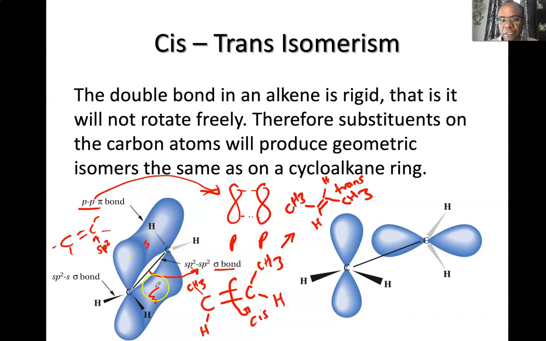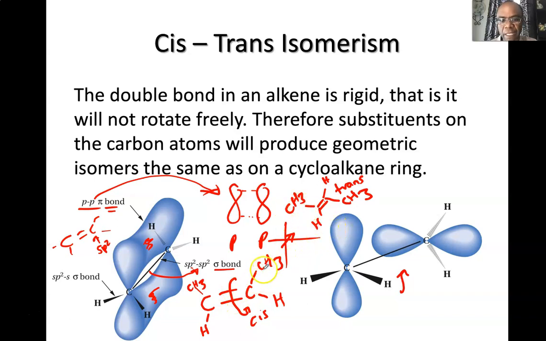See how these are overlapping. If you try to do the rotation, you're going to break these overlaps, and by so doing you're breaking the pi bond. You'll end up with this structure. So this is not possible without breaking the pi bond. We discussed that in an earlier lecture.